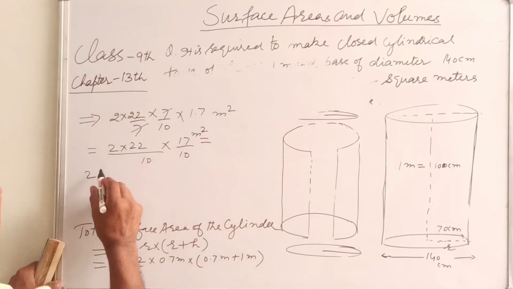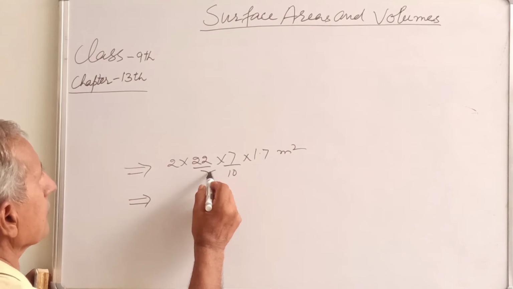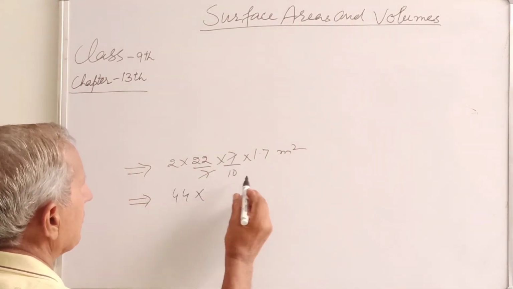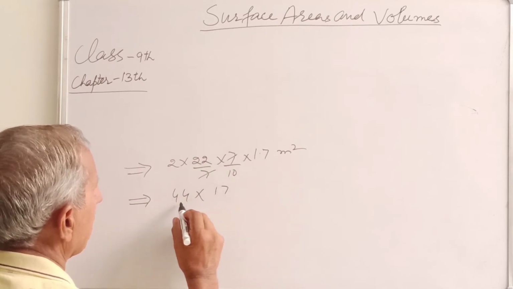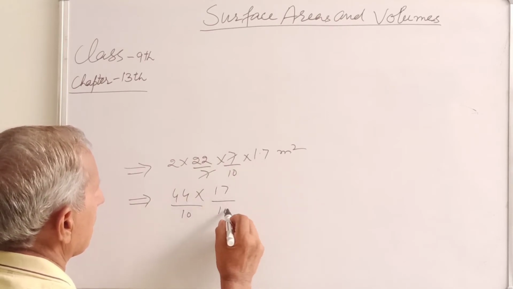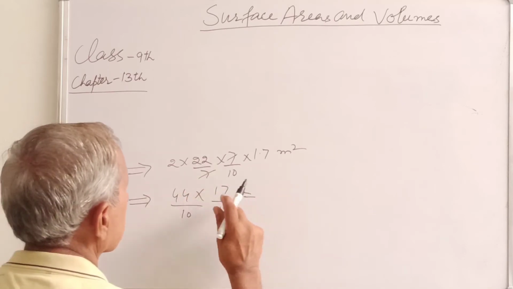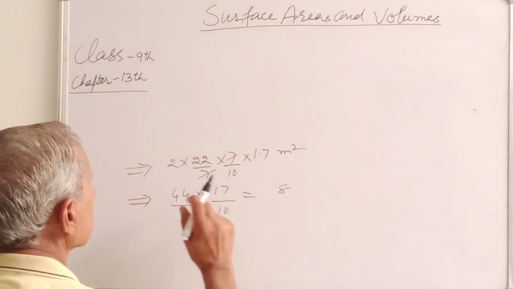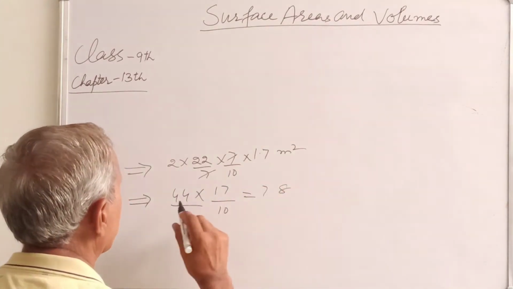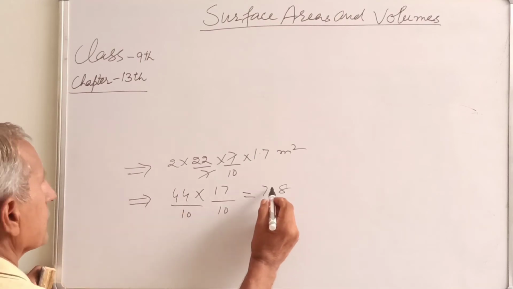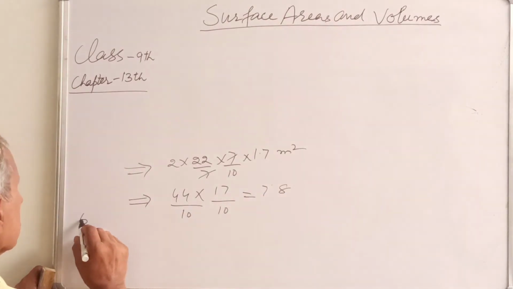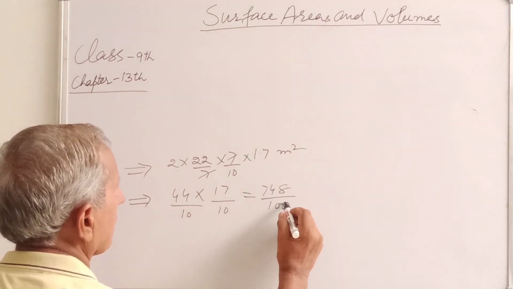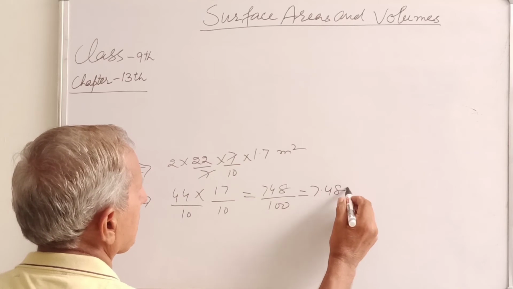So 2 into area, the total area will be 44 multiplied by 17 upon 100.